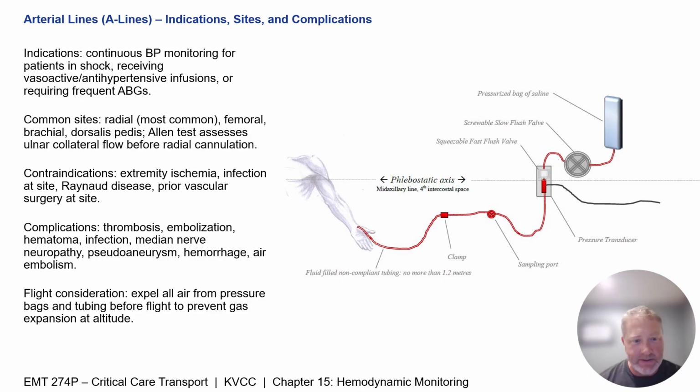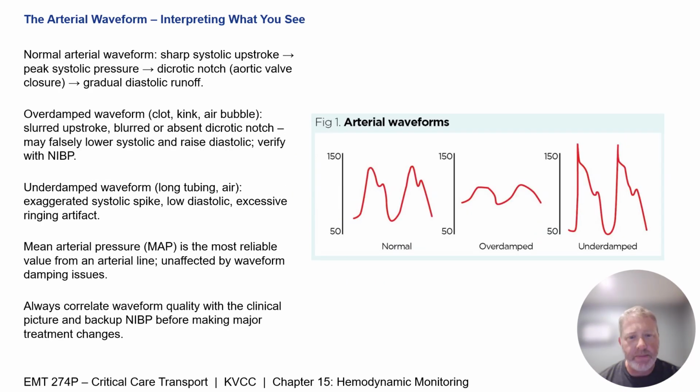So yeah, we went through the complications and also the flight considerations. Very important to get all the air out from the pressure bags and the tubing before you ascend. When you have a patient with an art line in, the waveform analysis and interpretation is really important.